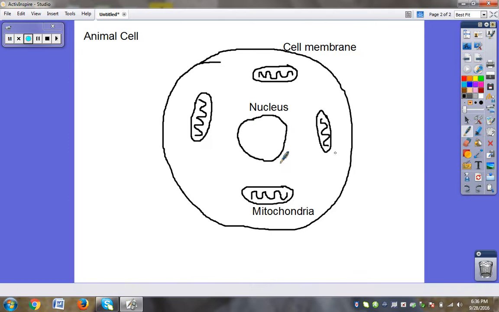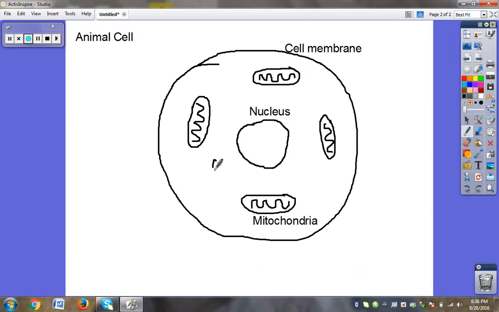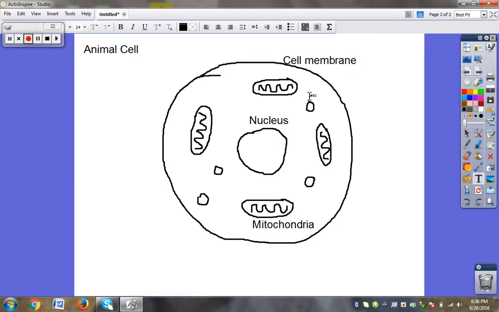And then we're going to draw some little round dots like this. And again, you can draw a couple of them. And we're going to call those lysosomes.